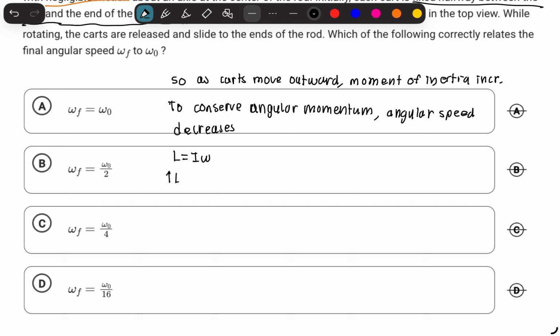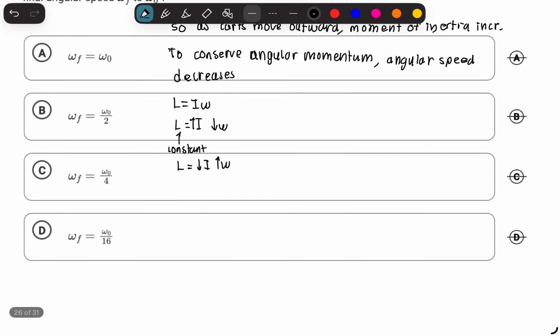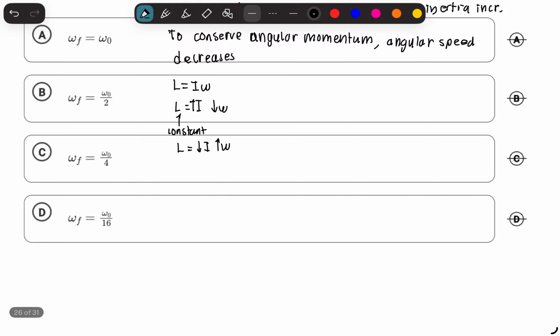Let's keep L constant, right? So that means you have to increase I and you have to decrease omega. Or another option would be you decrease I and you increase omega. So either or, if you want to keep the same L.